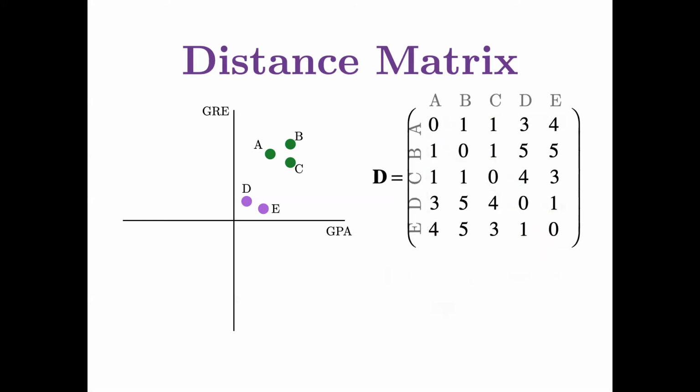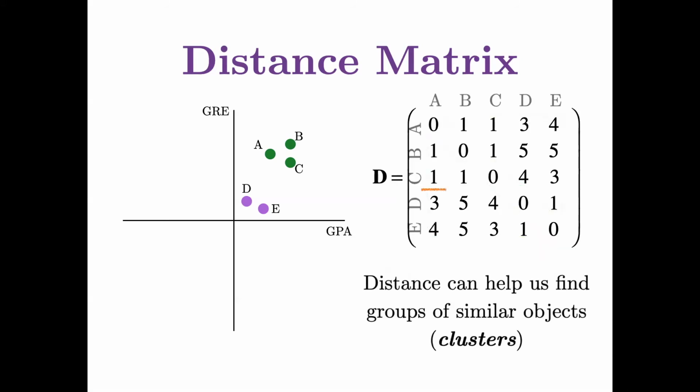And distances can help us find groups of similar objects, or clusters. So here in this matrix, if I partition it, you'll see that I have a group of objects up here that are close to one another, a group of objects down here that are close to one another, and those correspond with groups of objects that seem to be clusters in my data.